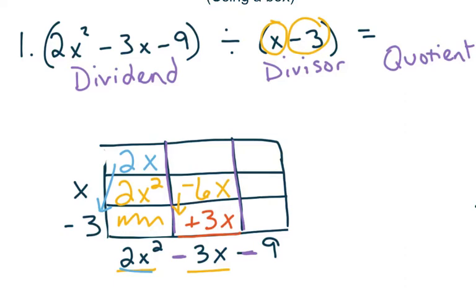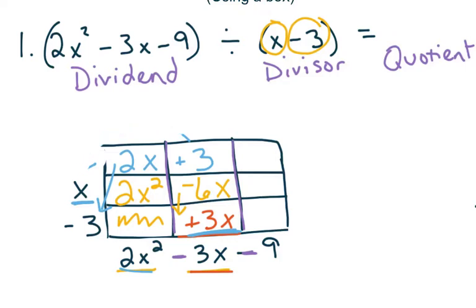So negative 6x plus 3x gives me negative 3x. Now I am going to ask myself, what do I need to multiply x by to get a positive 3x? It's just a positive 3. Positive 3 times x gives me a positive 3x.